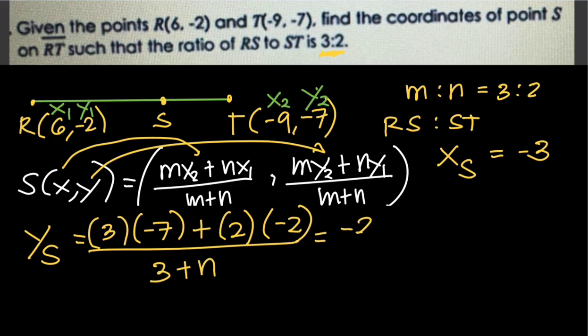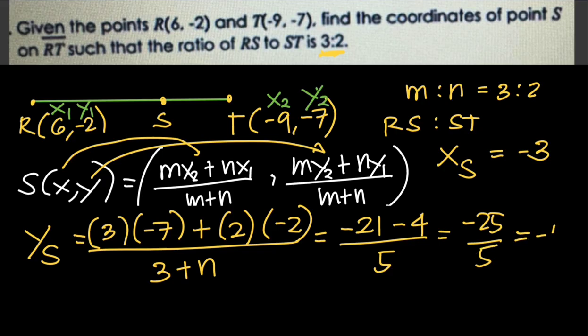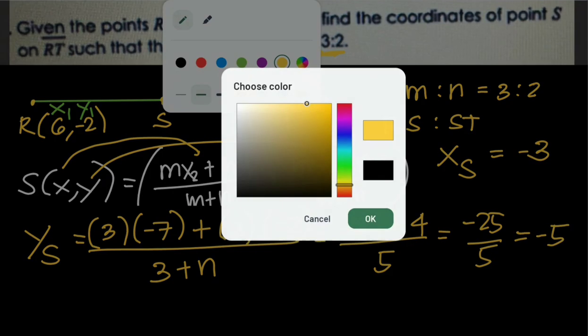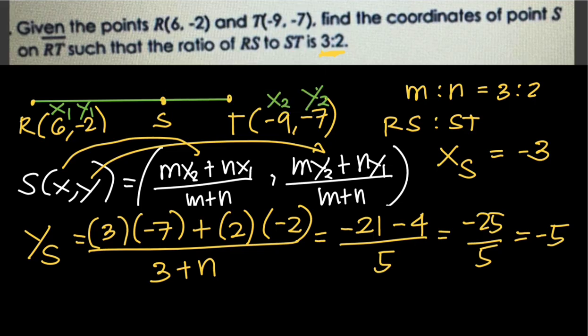So this is -21 minus 4 over 5, which is -25 over 5, which is just equal to -5. Therefore, the y coordinate of point S is equal to -5.